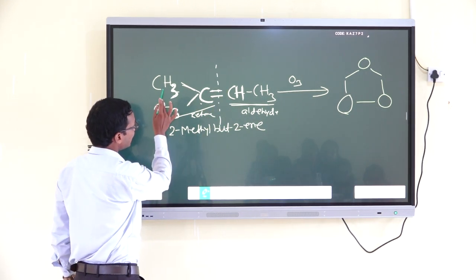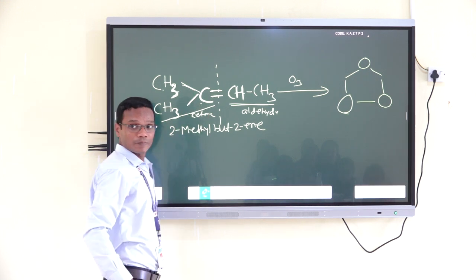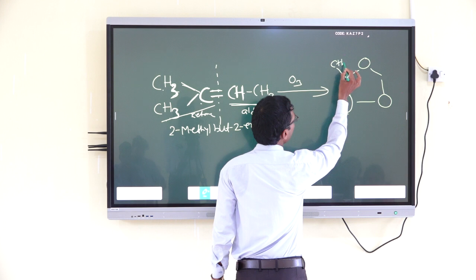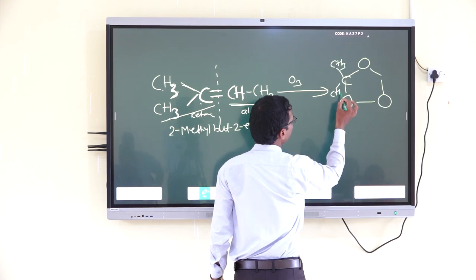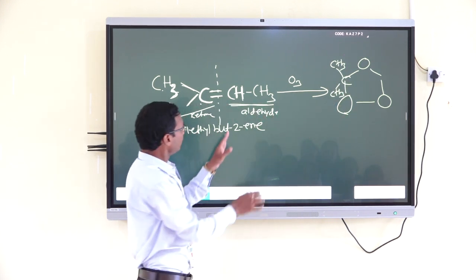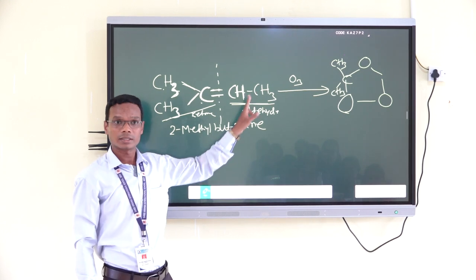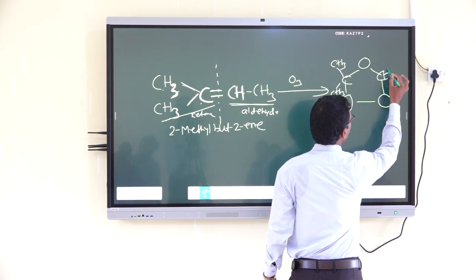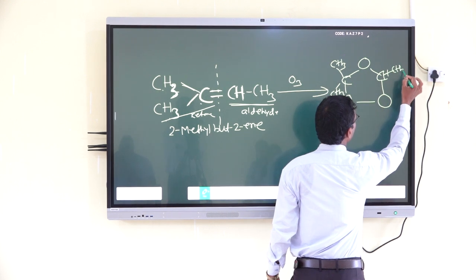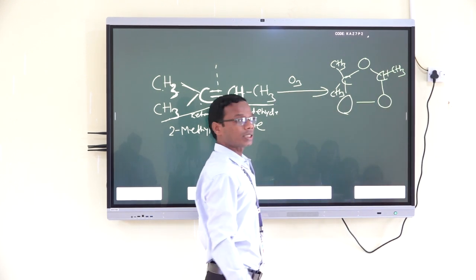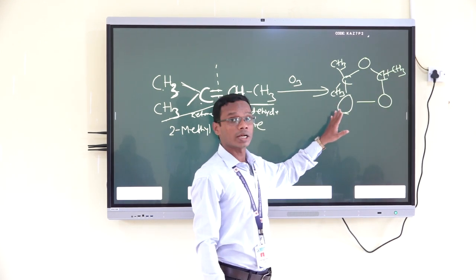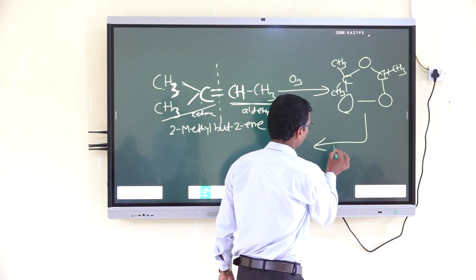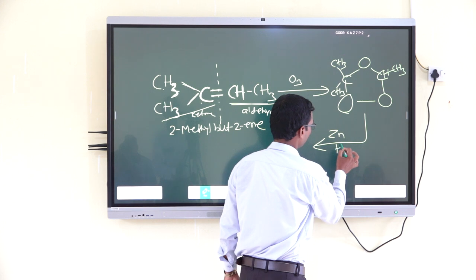That means CH3, CH3, this is C, CH3, and on this side CH3. This structure is called ozonide. Now this ozonide reacts with zinc and water.